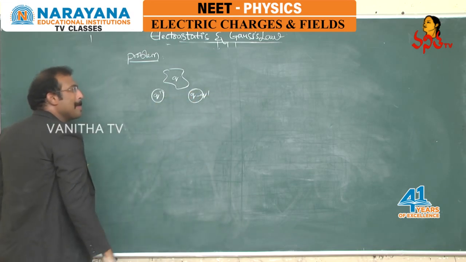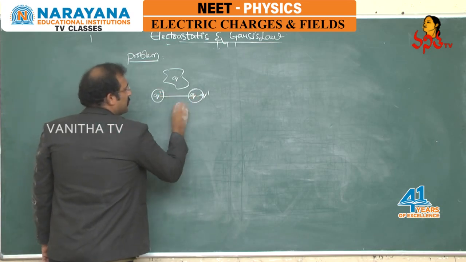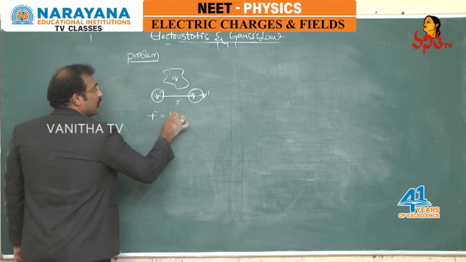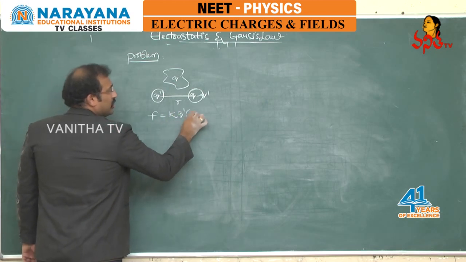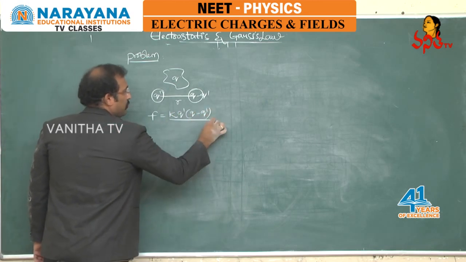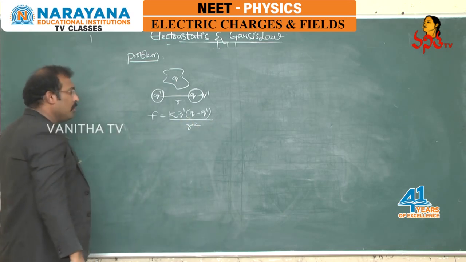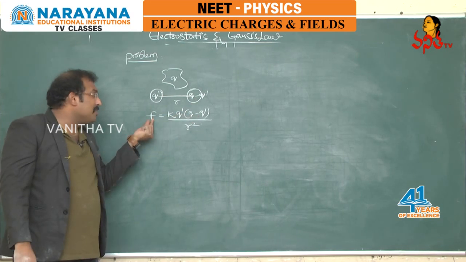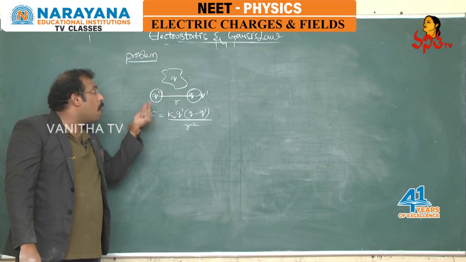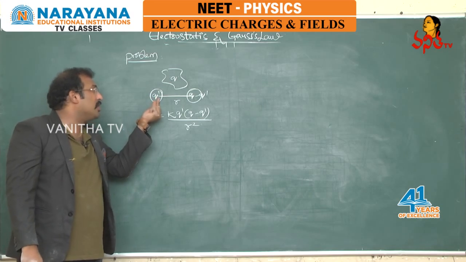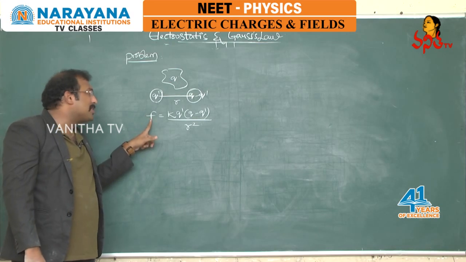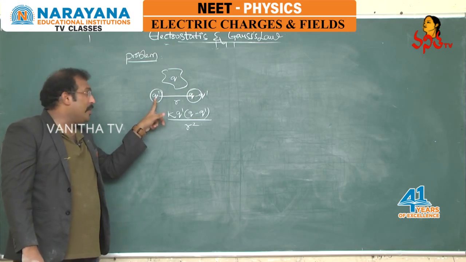Let the distance between them be R. Now the force between them is given by K Q dash into Q minus Q dash by R square. The force would be maximum depending upon how much amount of charge Q dash you divide from Q, that is, the maximum force depends upon Q dash.